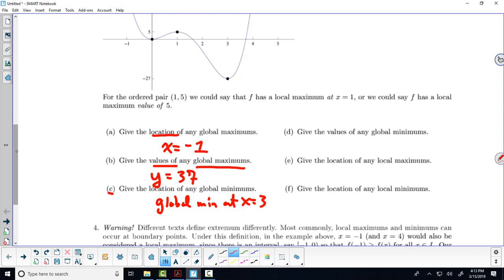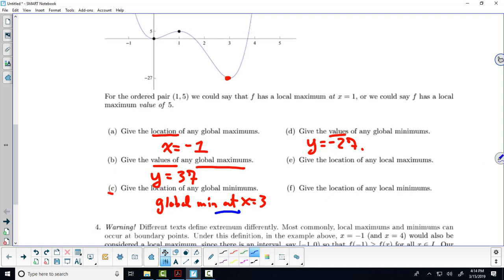That is, if I input this x value 3 into the function, it gives me the lowest value of the function. This is the location of the global minimum. D asks to give the global minimum values. So we have a global minimum of y equals negative 27. That is a global minimum value.